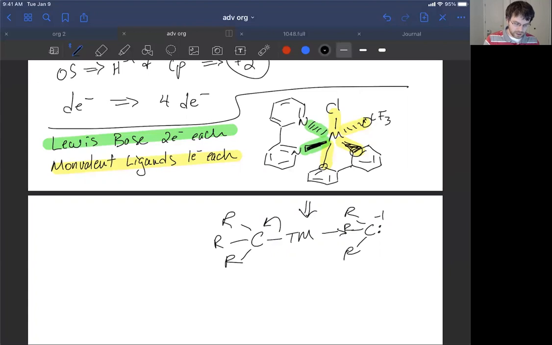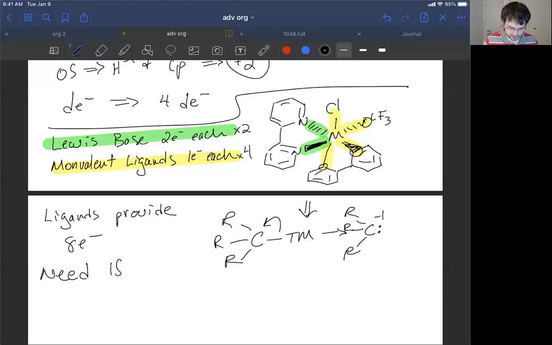So we have 2 electrons times 2 for the Lewis bases, and then we have 4 electrons on the monovalent ligands. So our ligands provide 2 times 2 is 4, plus 4 is 8 electrons. We have to get to 18 electrons total, right? Need 18 electrons.